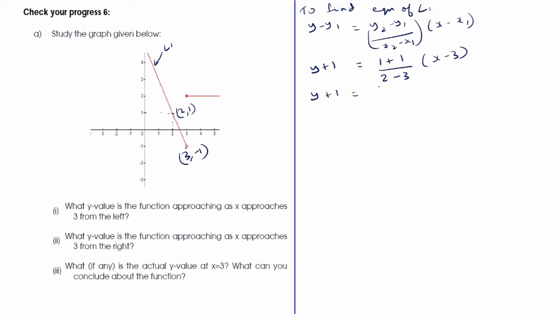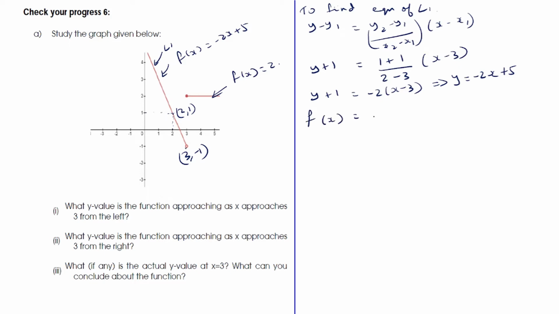So we have y plus 1 equal to minus 2 into x minus 3, or y is equal to minus 2x plus 5. Now the equation of this line is f of x equal to minus 2x plus 5, and the equation of this line is f of x equal to 2. Now we have the equation.